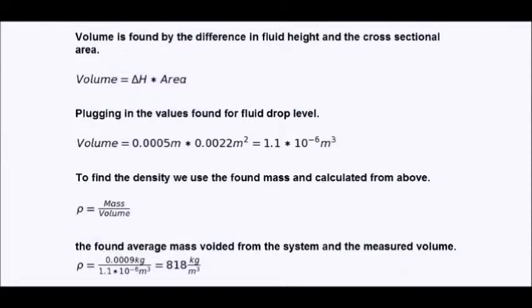Our density, mass divided by volume, will be 0.9 grams divided by our volume, 1.1 times 10 to the negative 6 meters cubed, giving us a density of 8.18 kilograms per meter cubed.